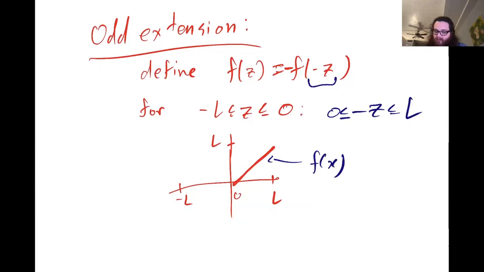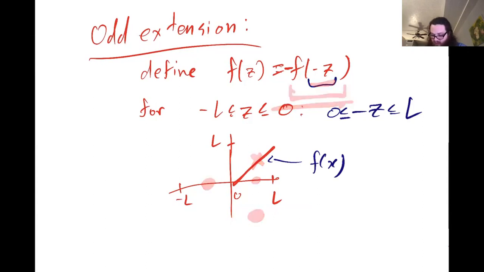Okay. So if we want to know what the function looks like over here, what we're going to do is take minus z. So if we're here, it's going to look like that. We're going to take f of z. So that's going to be that value right there. And then we're going to take minus this value. So it's going to be something like down there.